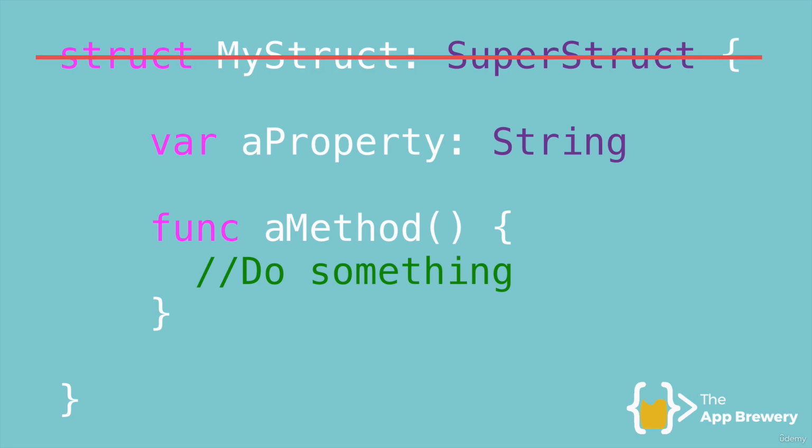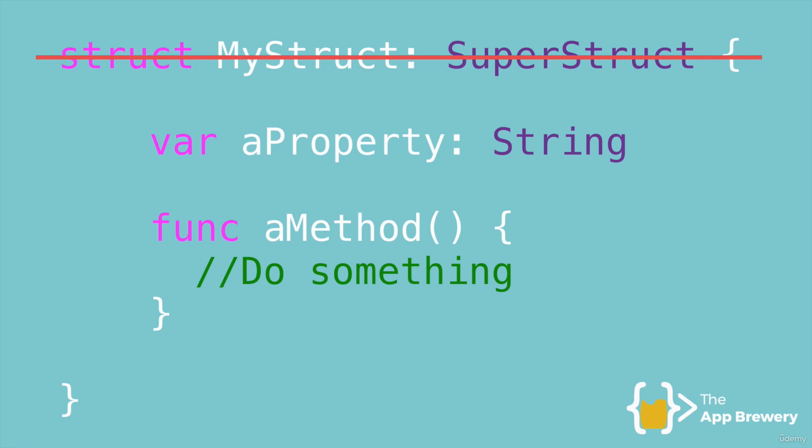Inheritance is reserved for classes, and this is one of the biggest differences between structs and classes and when you would use each. Whenever you need inheritance, so if you're working with object-oriented programming, we know how important inheritance is.